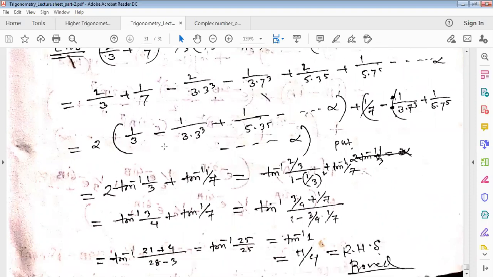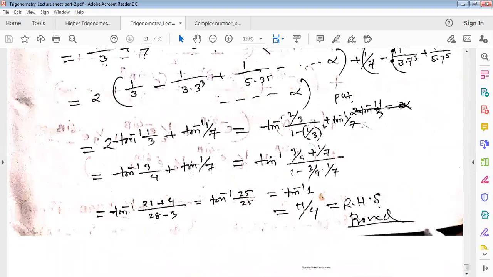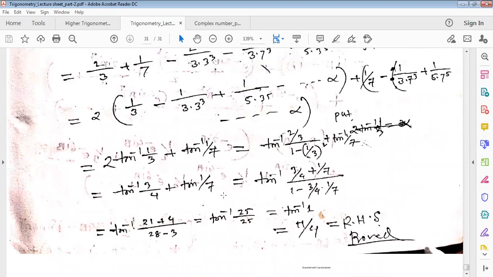This is the formula of what? Tan inverse x, and this is also a formula of tan inverse x. Here x equals 1 by 7, and here x equals 1 by 3. Just tan inverse a plus tan inverse b formula, tan inverse of (a plus b) divided by (1 minus ab). This is the result. This will be homework for you.